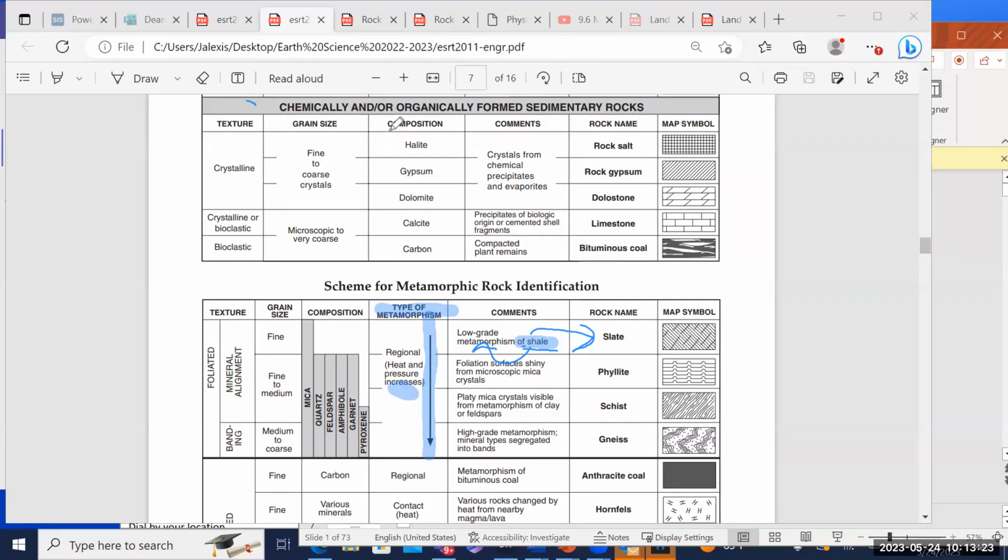That lets me know that the further down I go the list, from slate to phyllite to schist and to gneiss, the more pressure and heat increases. So if you look at choice 2, you're going to see slate, phyllite, schist, gneiss, from low grade metamorphism all the way to high grade metamorphism. So it's in order of increasing heat and pressure.